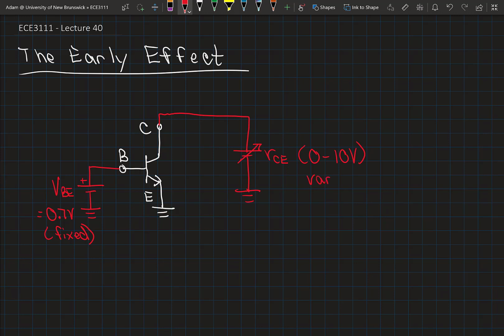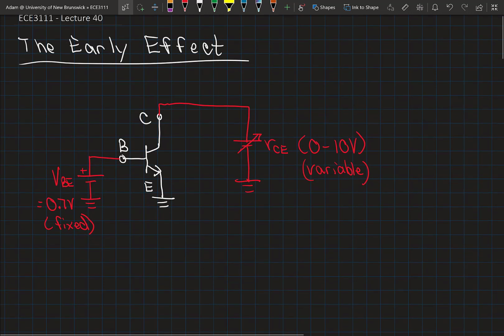So this is a variable source here. As a result of this bias on the input, we're going to fix our base current, but VCE is allowed to change.